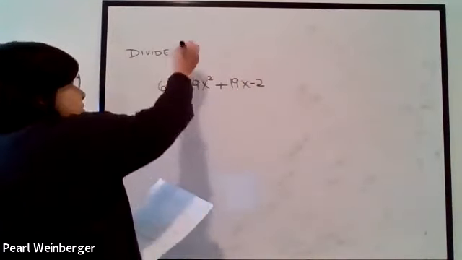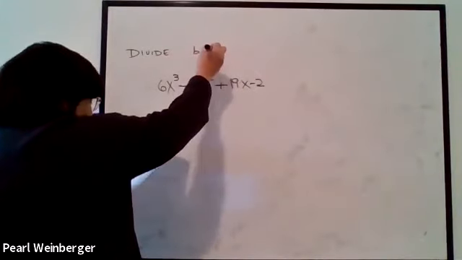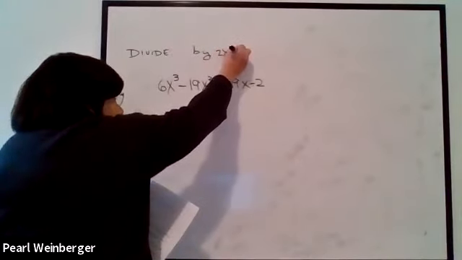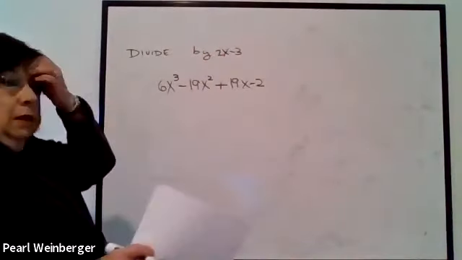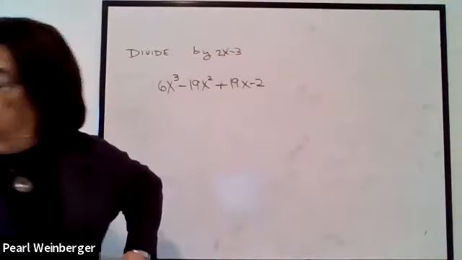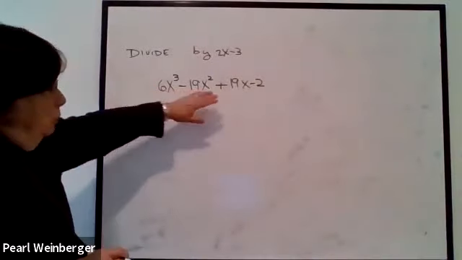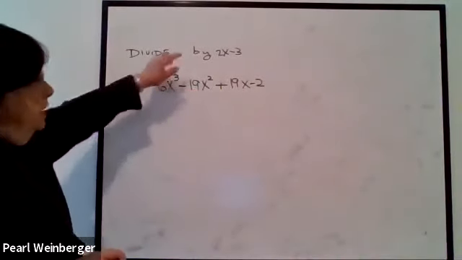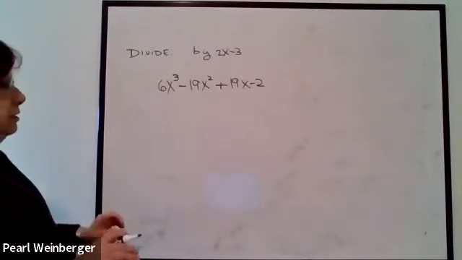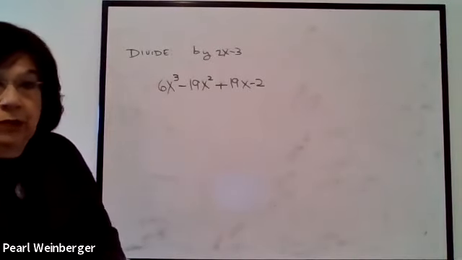We want to divide this by 2x minus 3. So obviously now what we have is a polynomial, actually something with 4 terms, divided by a binomial. And this has to be done with the operation that we call long division.